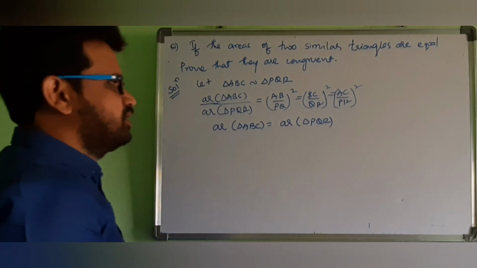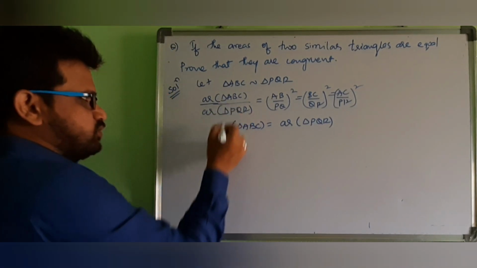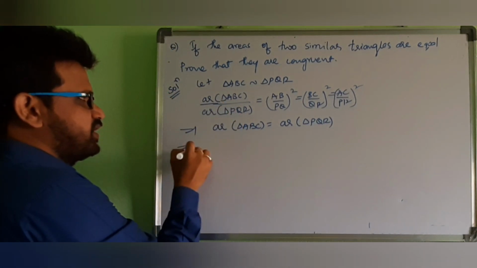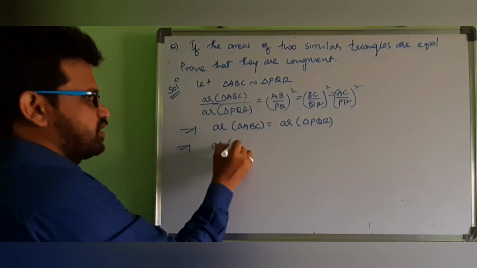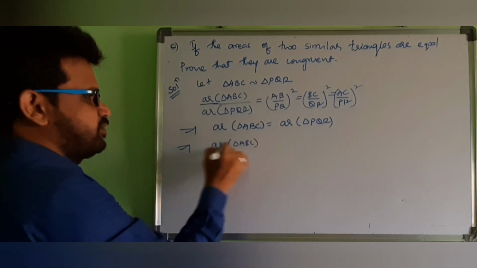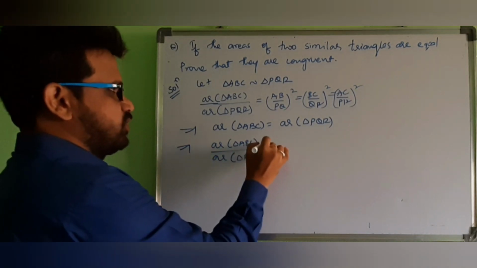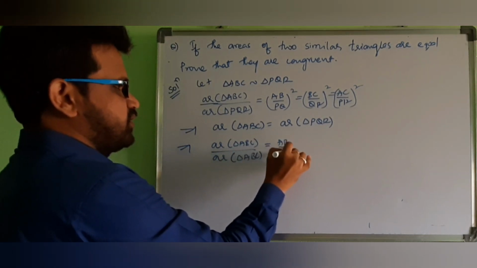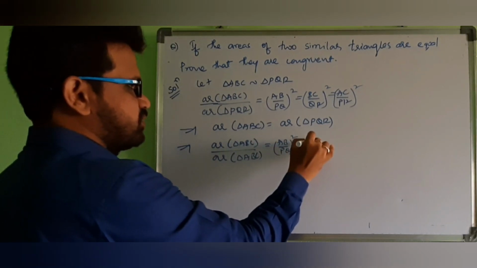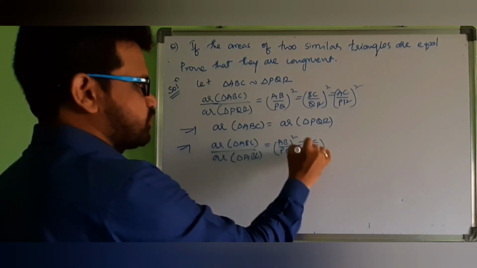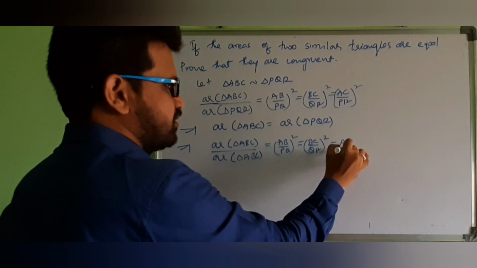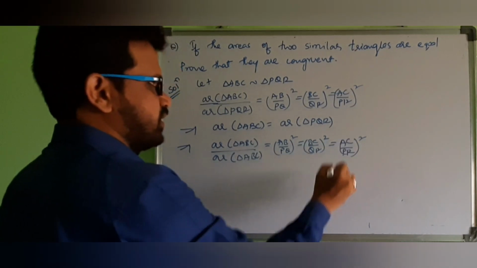So substitute here, then what do we get? Area of triangle ABC divided by area of triangle ABC is equal to AB by PQ whole square, BC by QR whole square, is equal to AC by PR whole square.